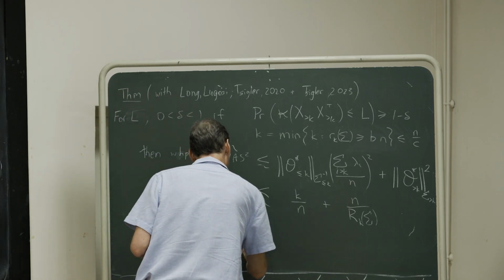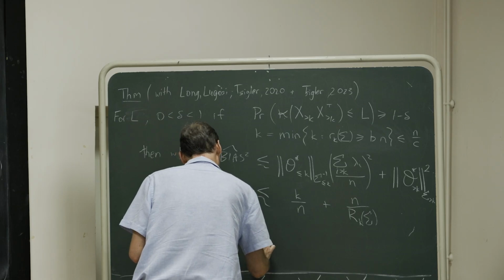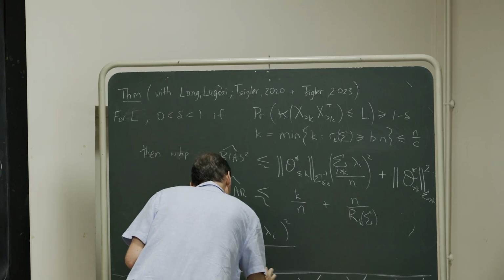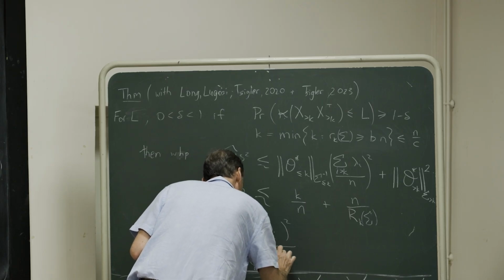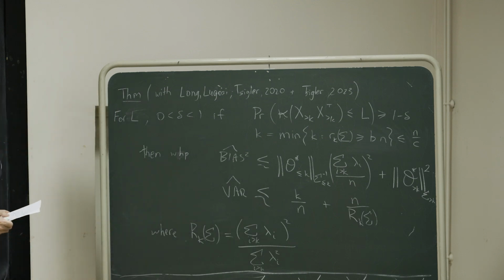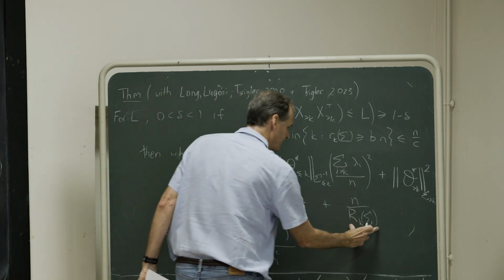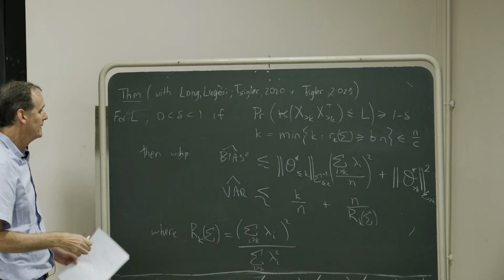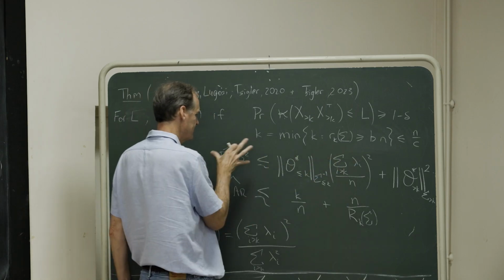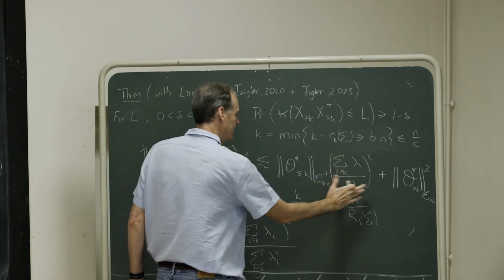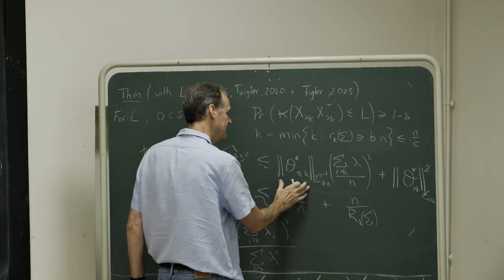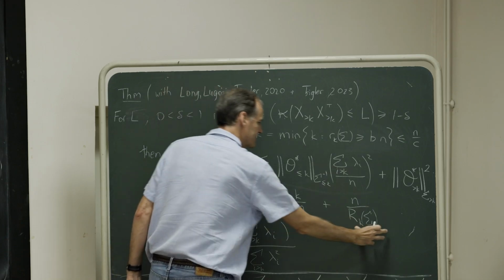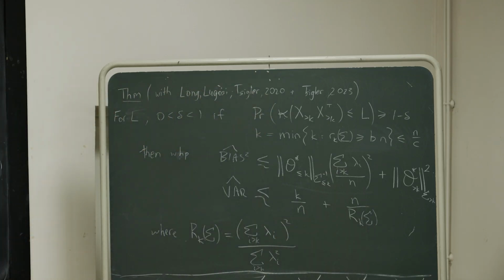This one is the ratio of the L1 norm squared to the L2 norm squared. And you can see we want that to be large compared to n, right? So we get four pieces: the bias contributed by the heavy part, the bias contributed by the tail, and the variance pieces from these two parts.